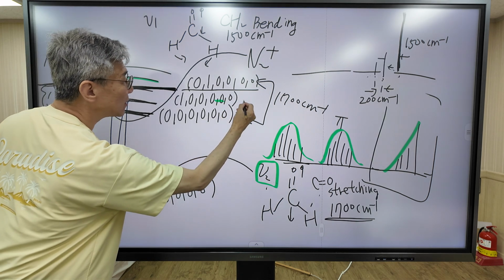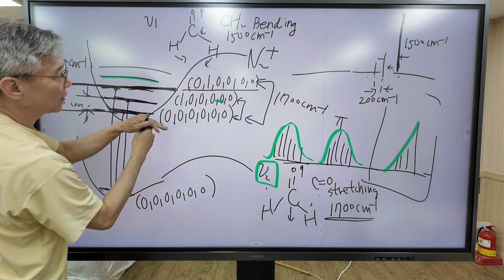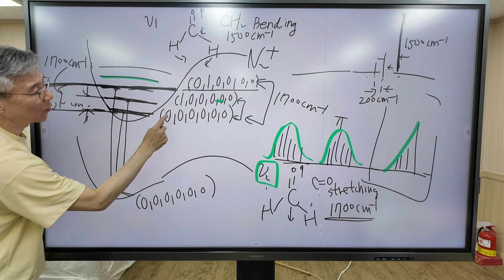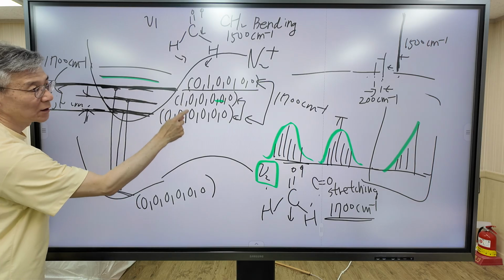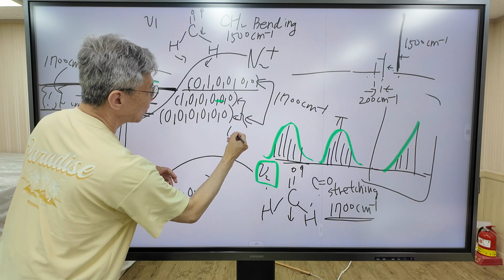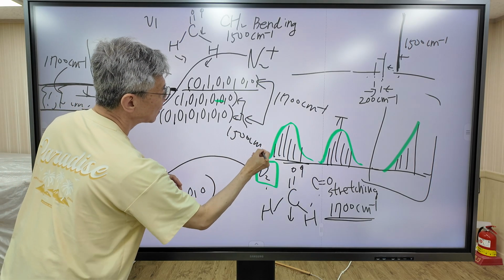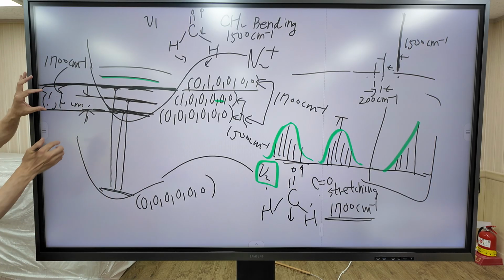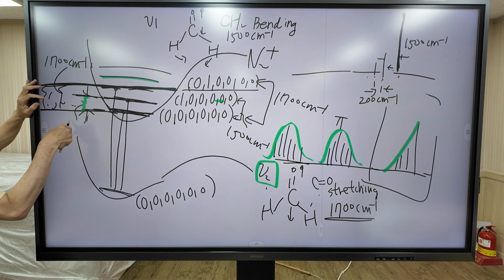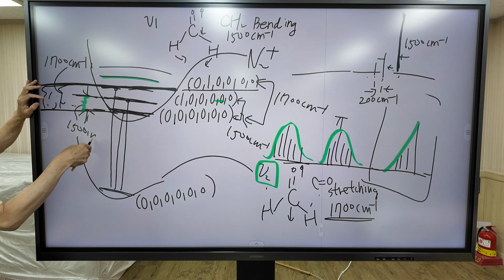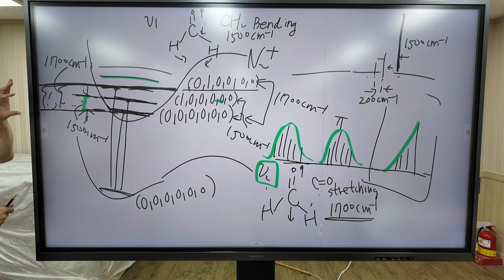What is the spacing between these two? In this comparison, only the first vibrational quantum number is excited from 0 to 1. So this spacing is 1500 wave number. Understand?